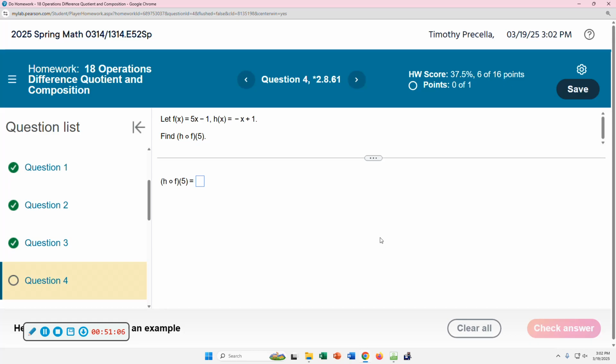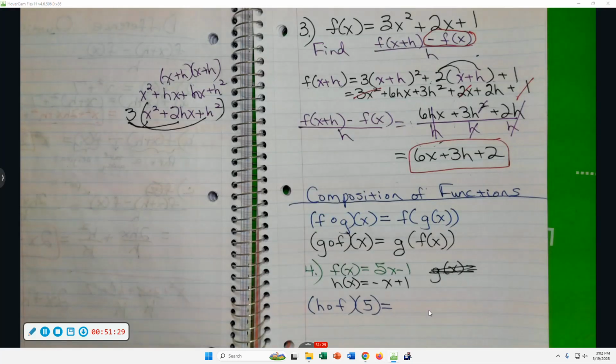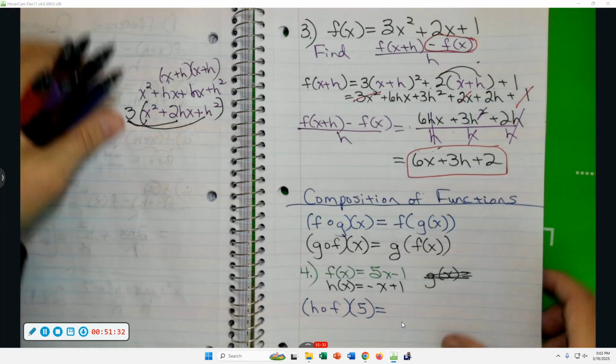In two years' time, if someone asks you, did you discuss composition of functions in Mr. Precella's class? You won't remember that. But if they say fog and gof, does that sound familiar? You're more likely to remember that, and you'll agree with me at the end of class.